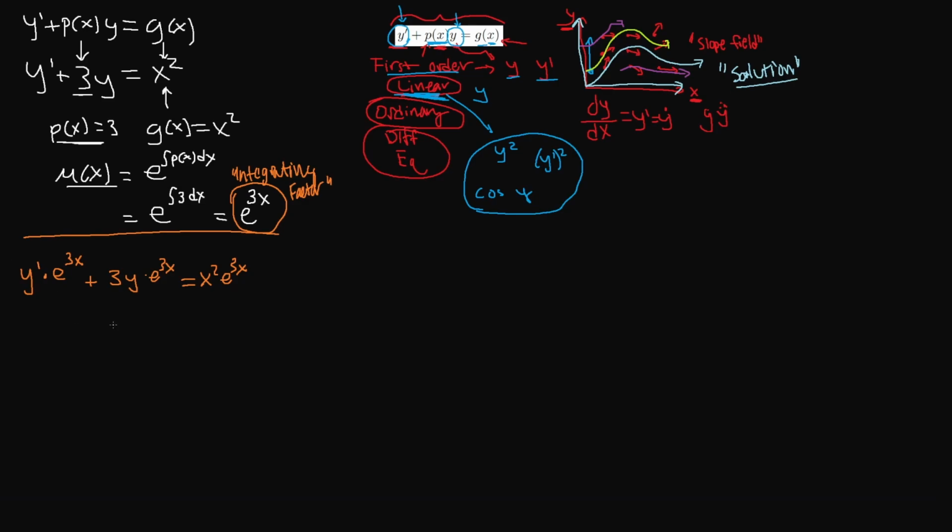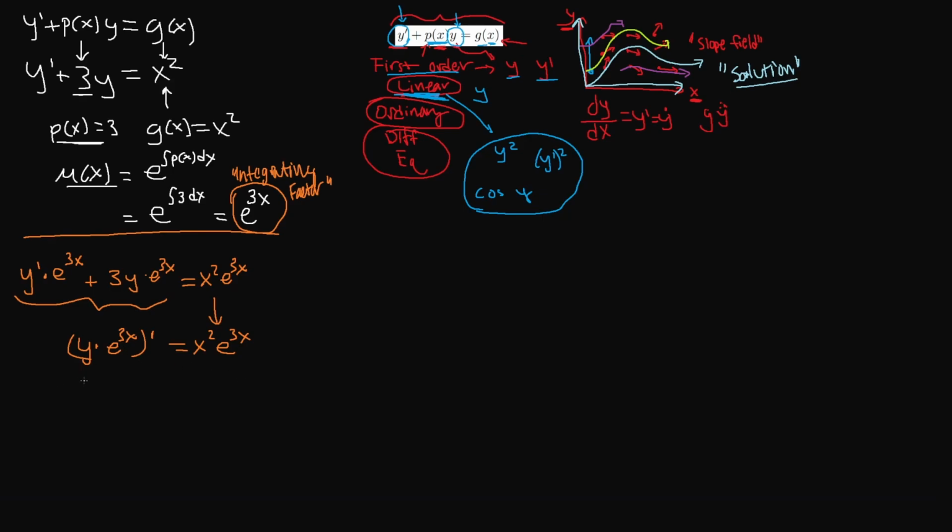Now remember, this whole expression is really going to be the same as y times e to the 3x, and then the derivative, so we can write prime like this, equals, and this side is unchanged, because all we're doing is this reverse product rule step.